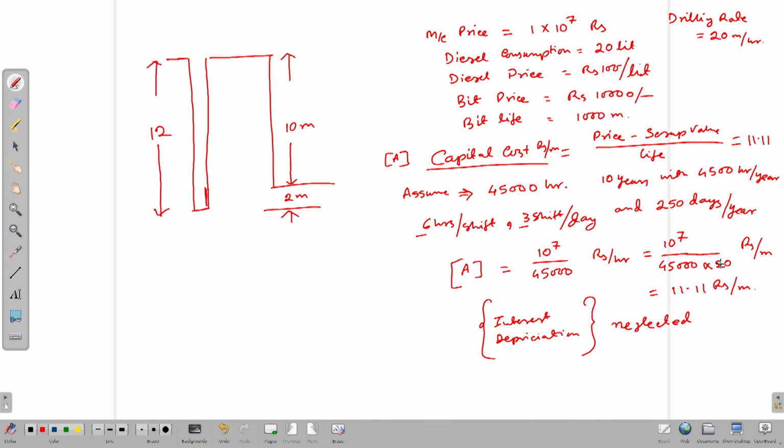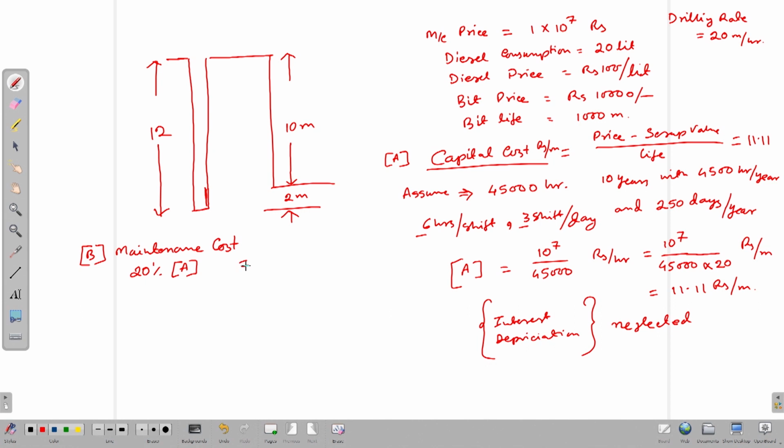So, next part is that we have to calculate the maintenance cost. There are many ways to calculate maintenance cost, but generally the easiest way is based on a percentage of the capital cost, and in the last class we showed you that one very common idea is that for a diesel operated machine, we can consider 20% of the capital cost as the maintenance cost.